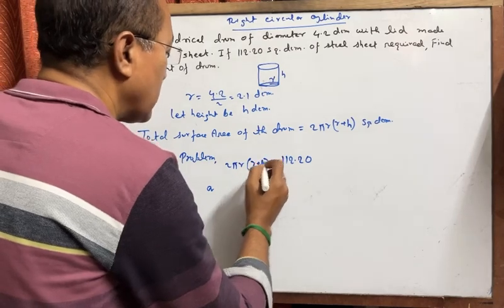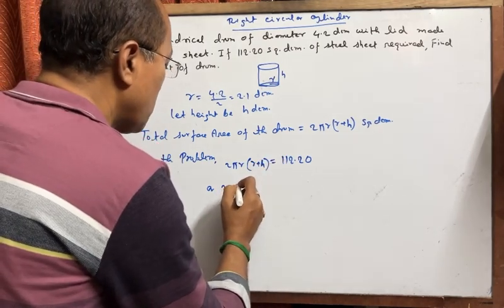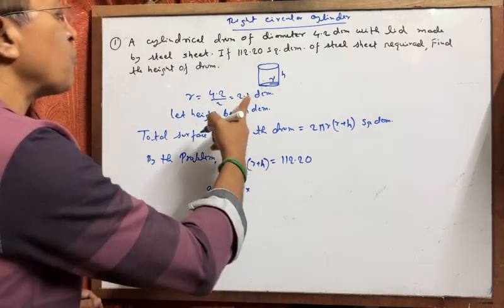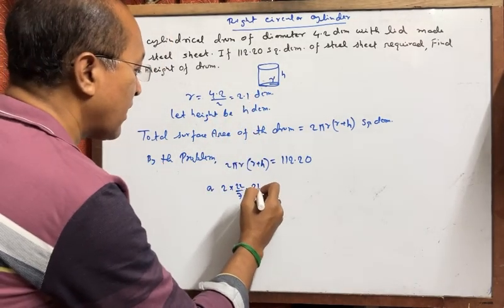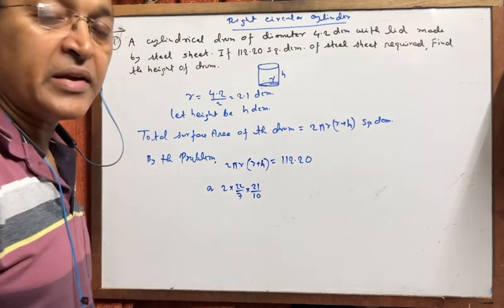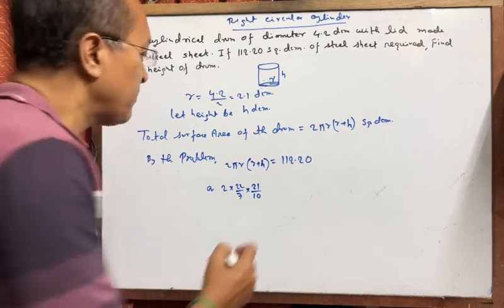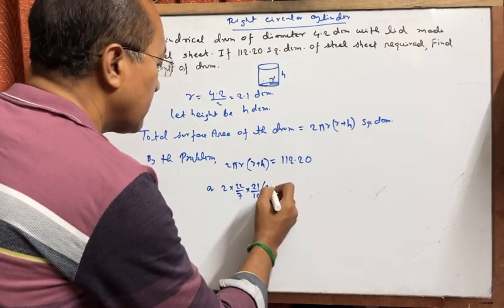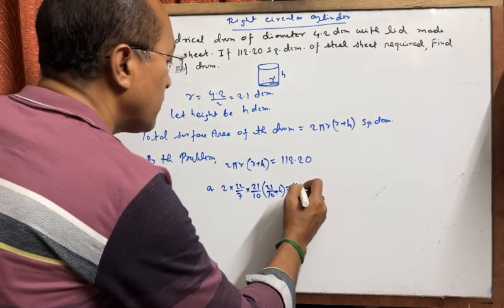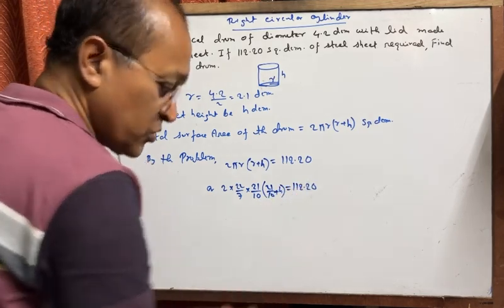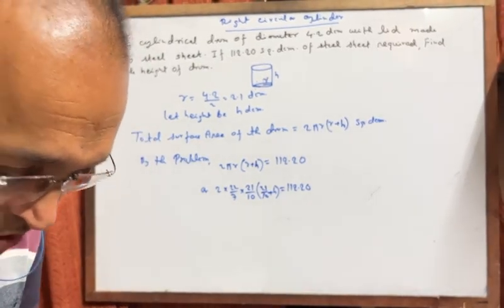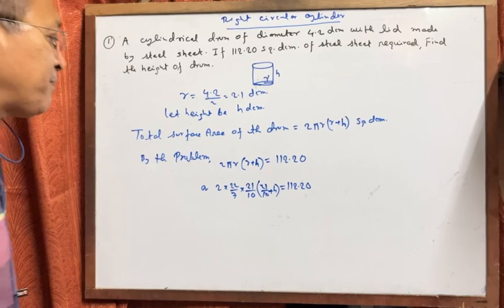First we should write all the data. 2 into 22 by 7 into r. R means 2.1 decimeter. We can write 2.1 decimeter as 21 by 10 decimeter, right? And within bracket 21 by 10 plus h is equal to 112.20.